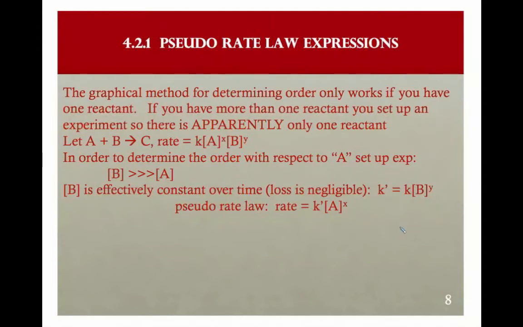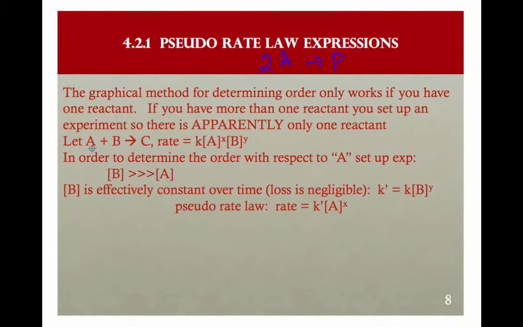Now, what do we do then if we have more than one reactant? I mean, that's fine if it's some substance that is just 2A going to product, and I only have one substance that's either 0, first, or second order, but that's not always reality.